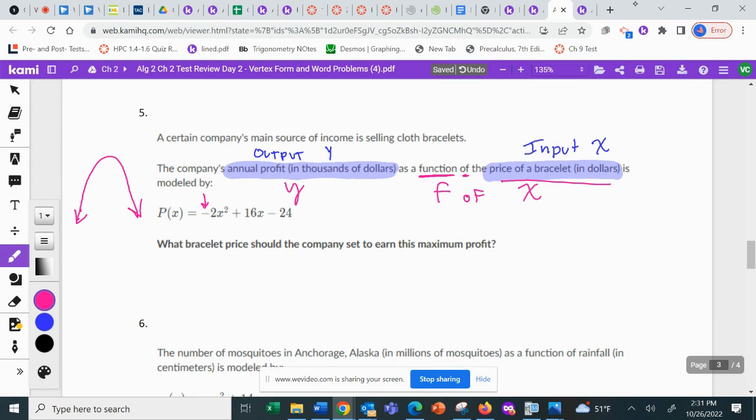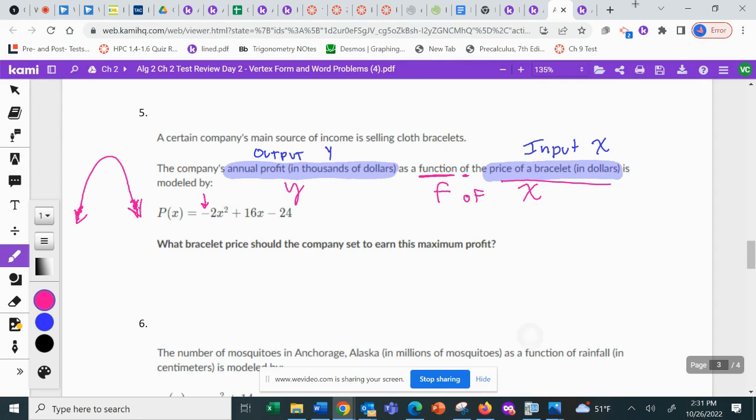Like if the price is low, I'm not going to make much profit. If the price is way too high, I'm not going to sell that much, so I'm not going to make much profit. We got to find that sweet spot right in the middle where the price is right and I make the most profit possible. So I need my maximum profit.